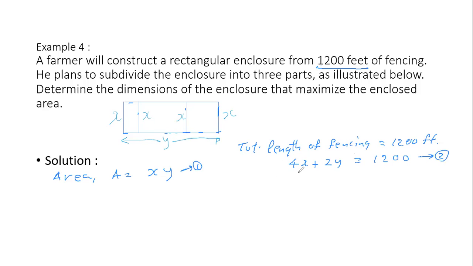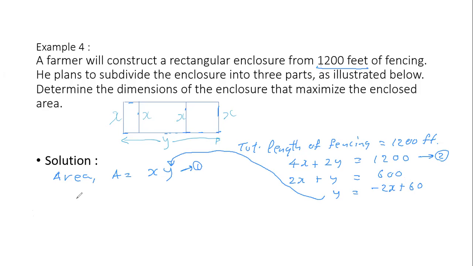Now if you divide both sides by 2, we get 2x plus y equal to 600, and solving for y we get y equal to negative 2x plus 600. Now substitute this y value here in equation 1.